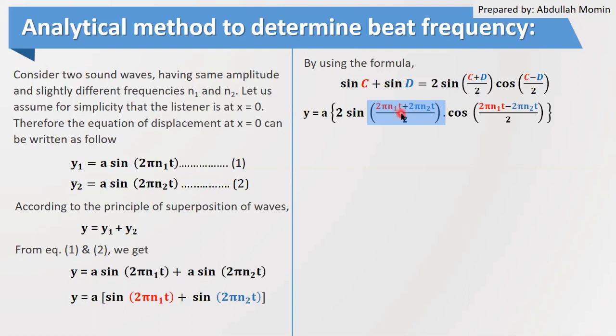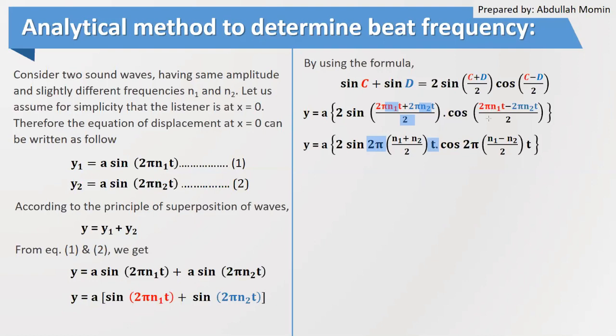After taking the common terms outside the bracket, we get y is equal to a 2 sine 2 pi, which is taken outside, and what we have left is n1 plus n2 divided by 2, with this t taken outside, because these are the common terms.